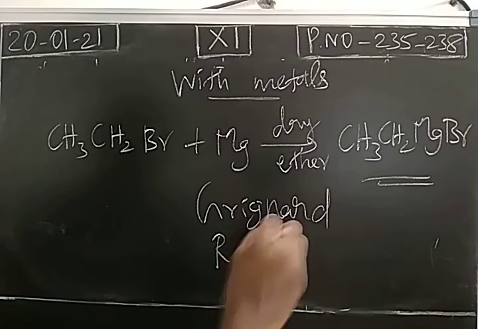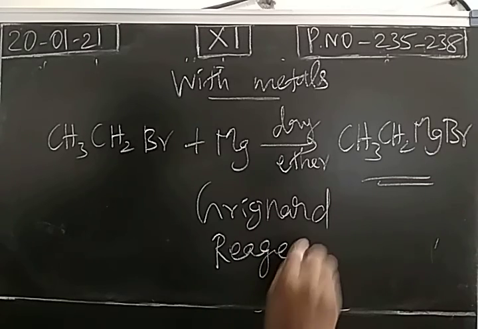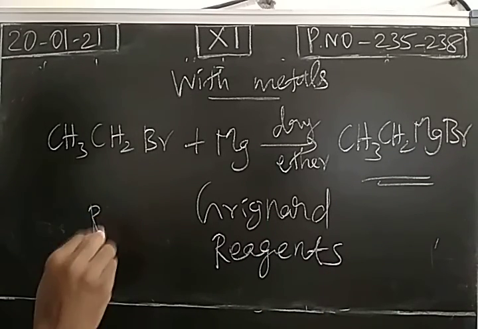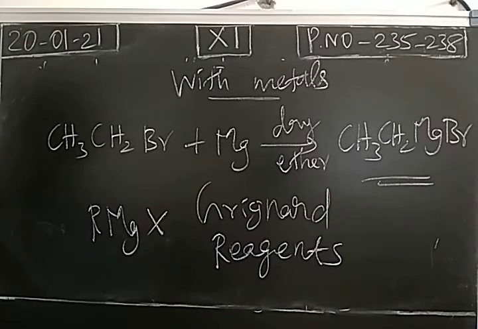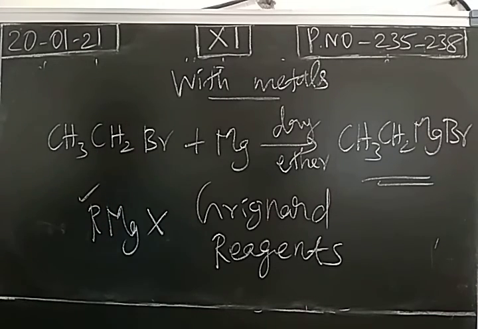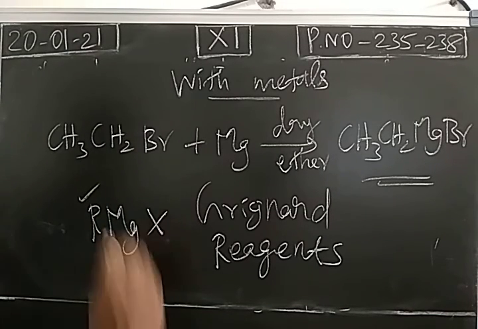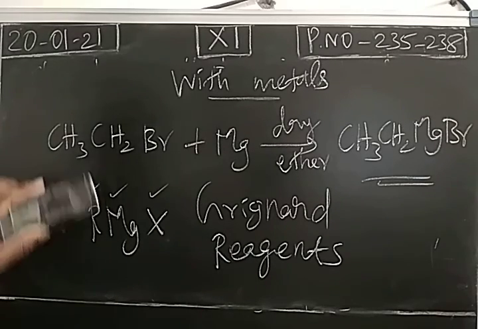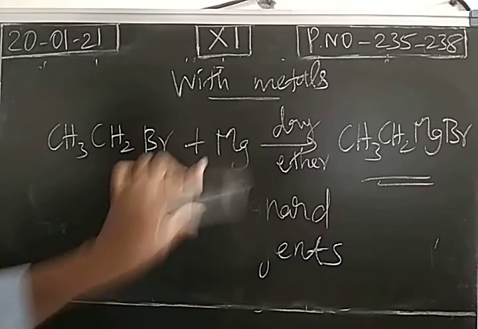Okay. Grignard is the name of a scientist. So these are Grignard reagents. General formula RMgX. Any one alkyl or aryl group will be there. Magnesium will be present and any one halogen. So this is a Grignard reagent.